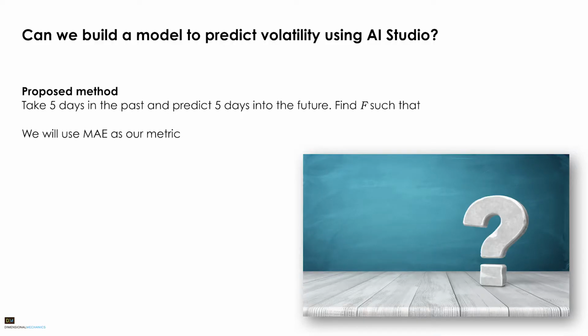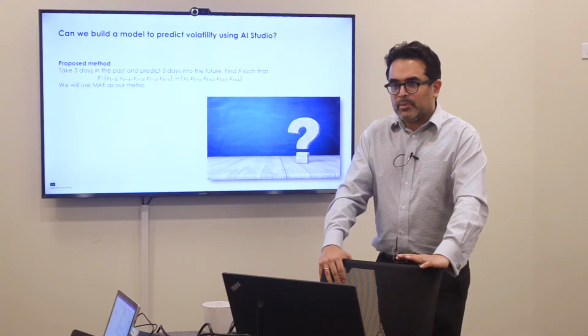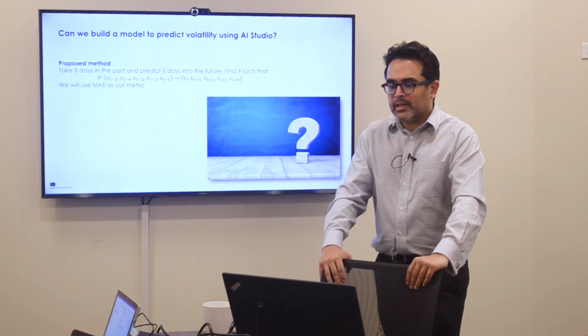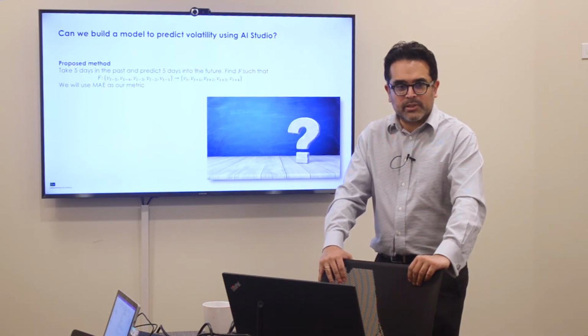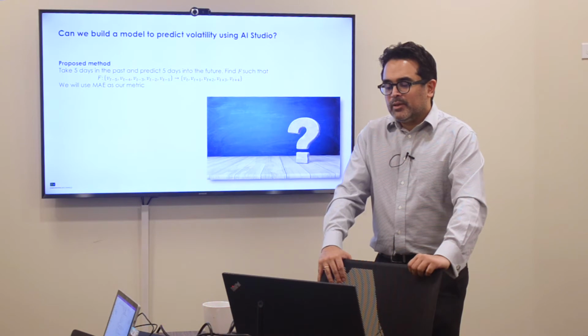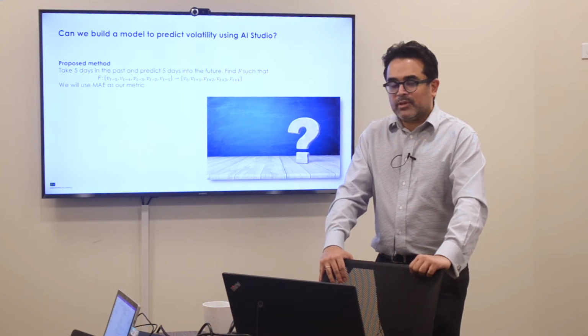So the question is, given that, can you take the last 5 days and predict the next 5 days? There's a lot of stuff I'm not talking about here, but one of these is, is this a solvable problem? And it turns out it is a solvable problem. The stock market is what's known as a Gaussian random walk, which is a Gaussian distributed random walk, which basically means you will never get a signal.